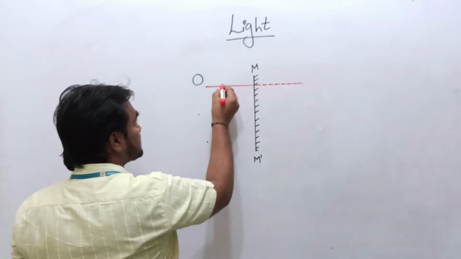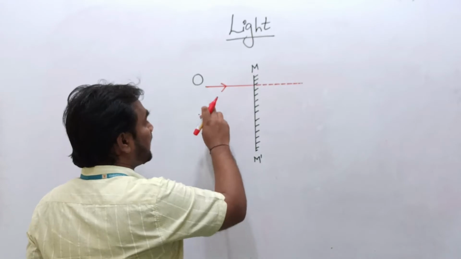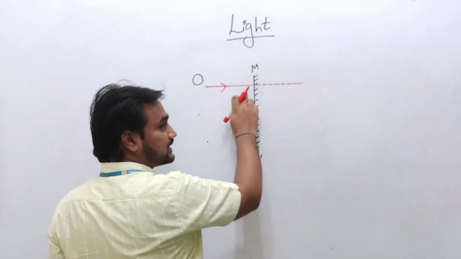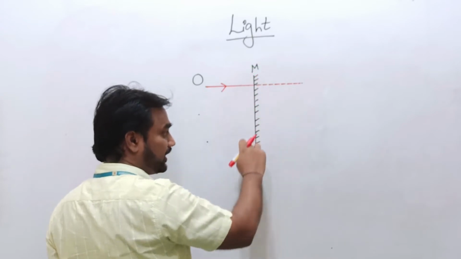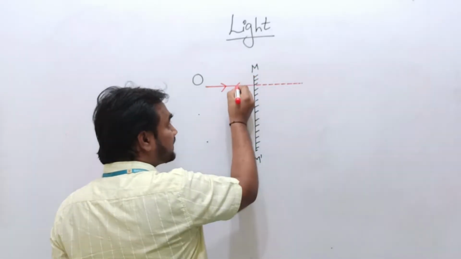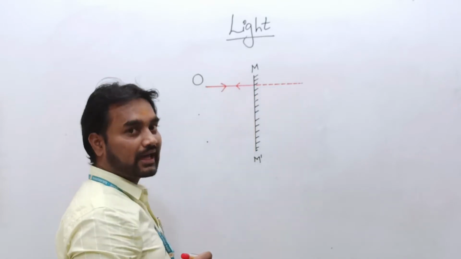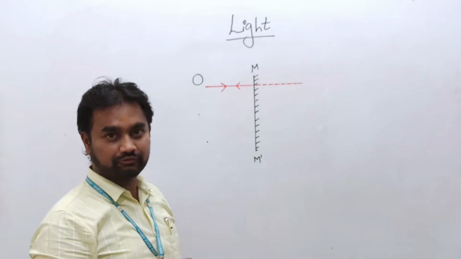Okay, so this is the incident ray. As this incident ray is perpendicular to the surface of the mirror, the reflected ray will be along the same path of incidence.